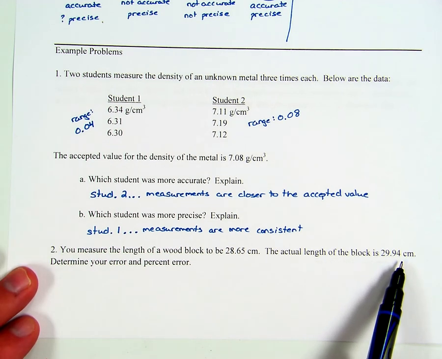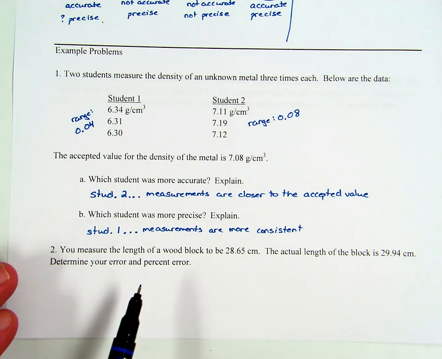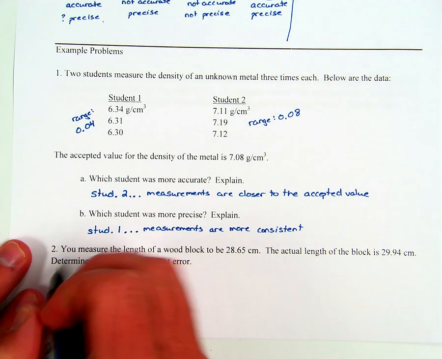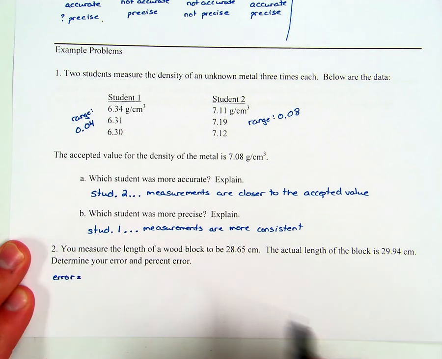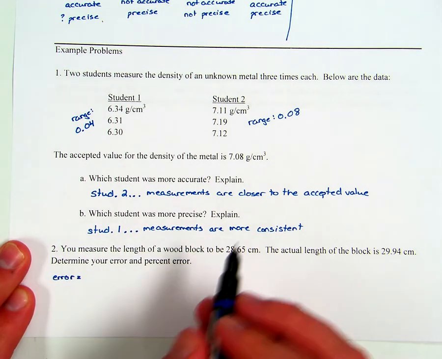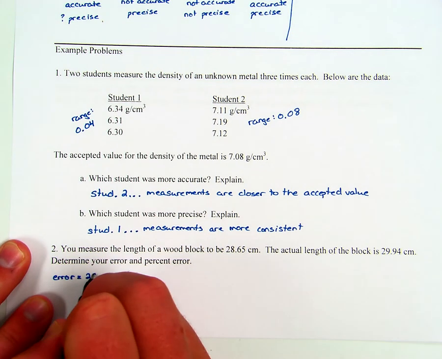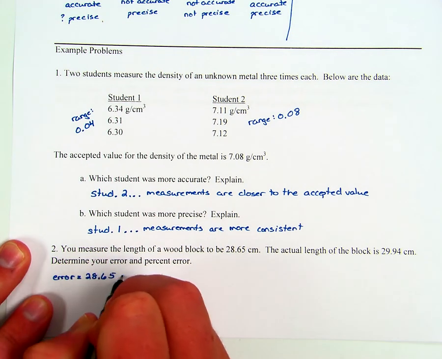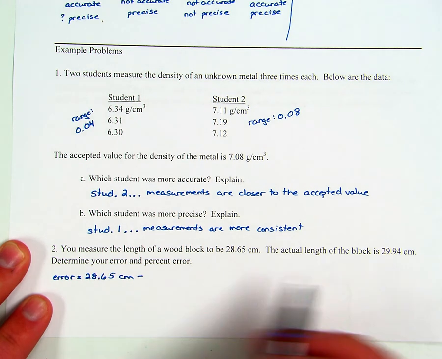So we'll just do error for now because that's all we've looked at. Well, we know that the error is your measured value, just looking up at the equation we had before, your measured value of 28.65 centimeters minus the accepted value, what you should have gotten, of 29.94 centimeters.